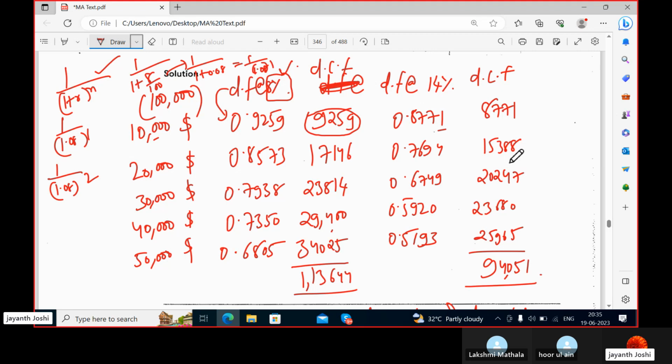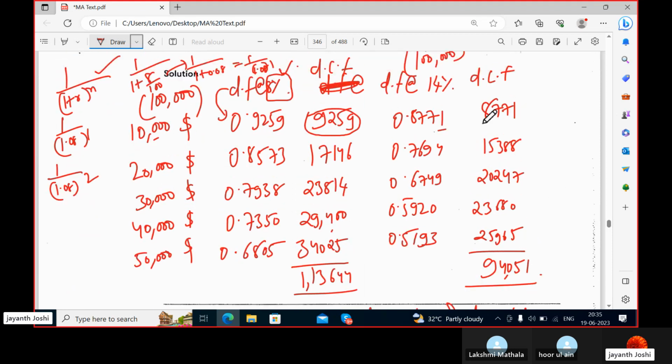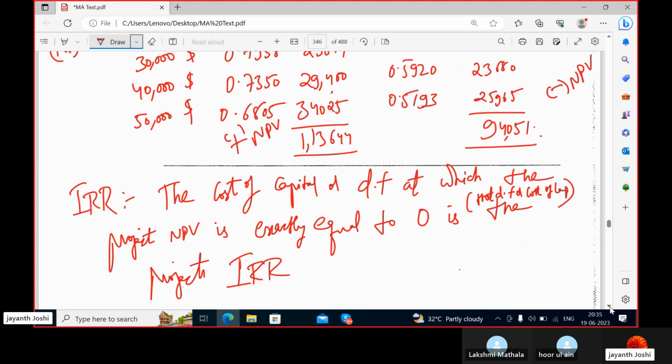Here even we took investment as 100,000, but we are getting the total of cash inflows as 94,051. Definitely our investment is 100,000 and what we got is less than 100,000. So here we'll get negative NPV. Here we'll get positive NPV, but we want NPV as what to get IRR?